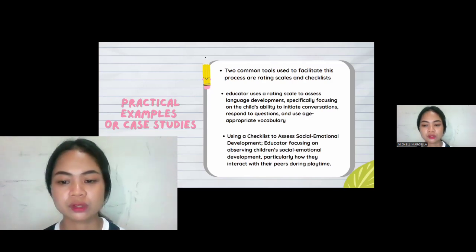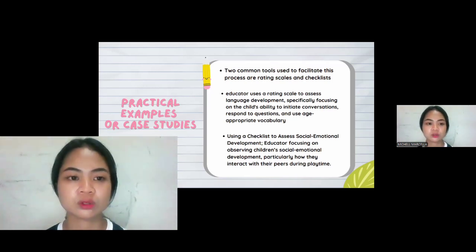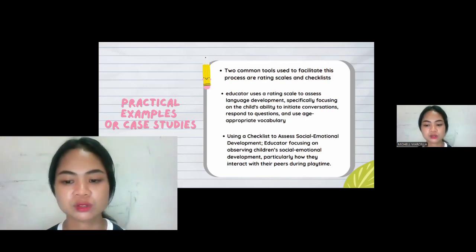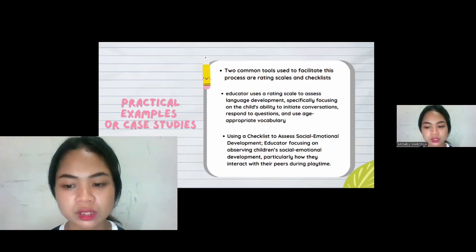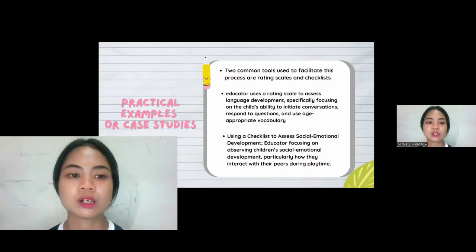Both tools help educators document and assess specific behavioral skills and milestones across each developmental domain such as language, social emotional skill, and motor ability.